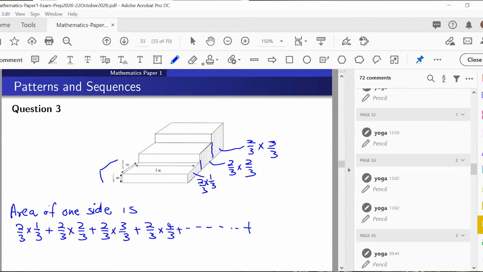And that goes on up until the 12th block, which will be 2/3 multiplied by 12/3. Now we can factorize here and get 2/3 into 1/3, 2/3, 3/3, 4/3, up to 12/3.